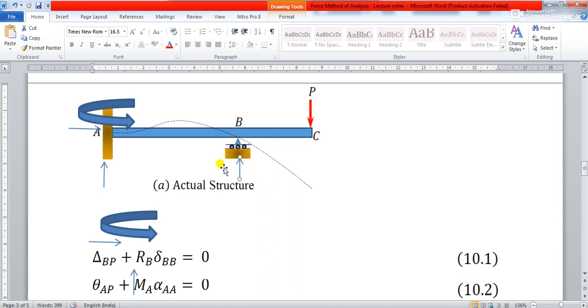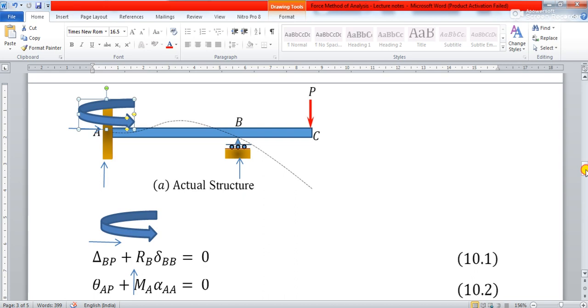So you should very easily be able to find out the reaction components at the other points, because you know the conditions of equilibrium.